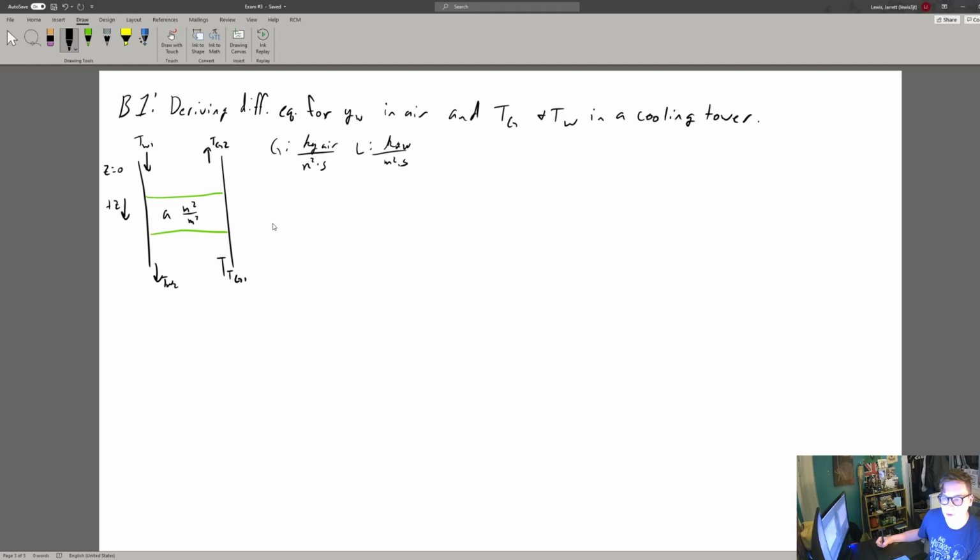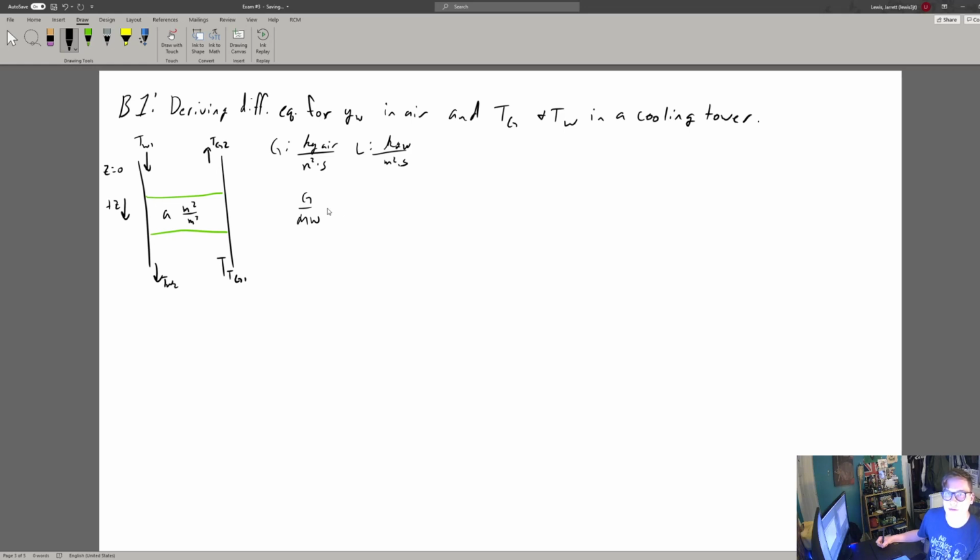So we're just going to start with the gas flow rate, because we're going to try to find the equation for the mole fraction. So we need the flow rate of the gas, and we want that in moles so we can get the mole fraction, so we're going to have to divide by the molecular weight.